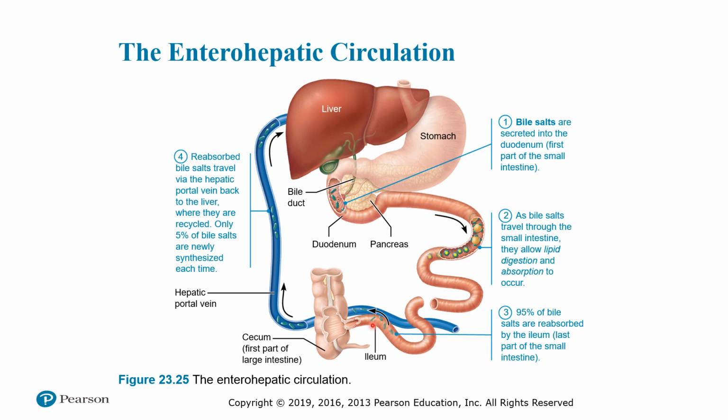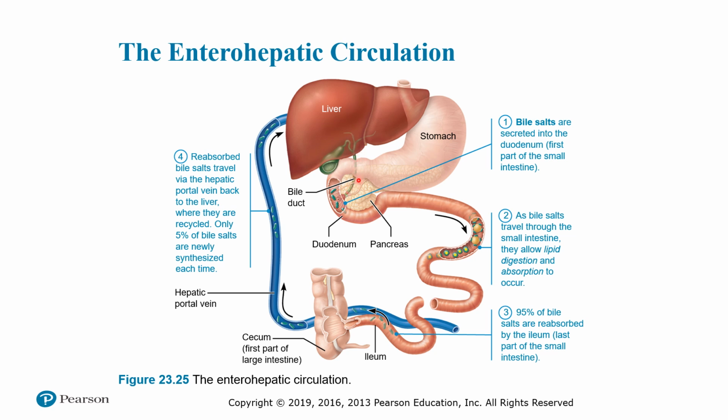Now let's go over this. This is our liver and this is the gallbladder. Bile is produced in the liver and stored in the gallbladder, and the hepatic bile duct joins the cystic duct coming from the gallbladder, and they make the bile duct.